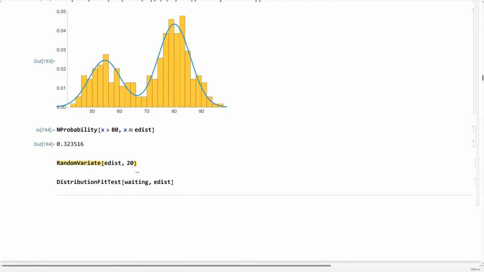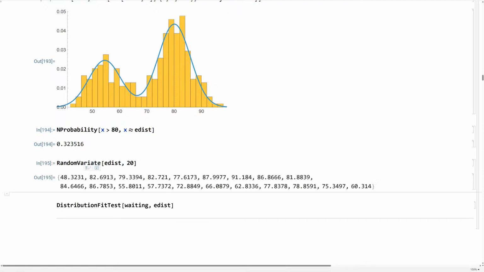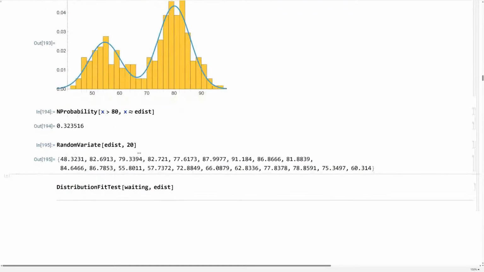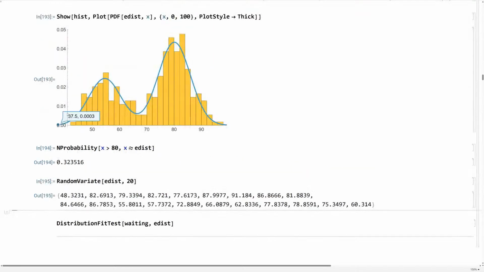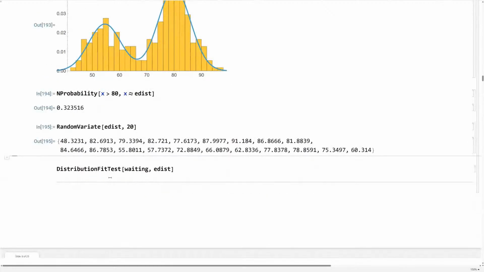And again, when we have one distribution, whatever it is, we can always use random variate to generate random data points that belong to this distribution. So these are the chances for how long we would wait based on this model.